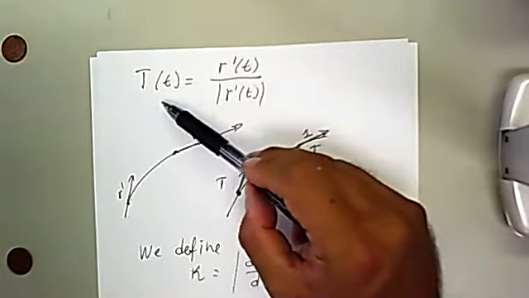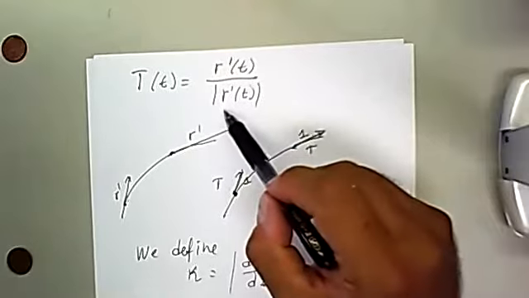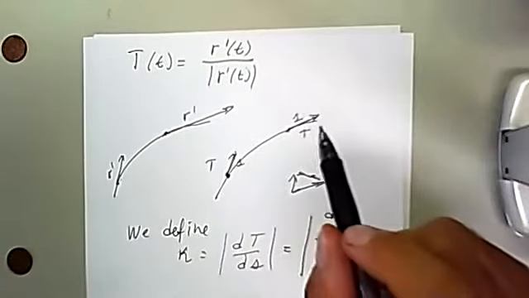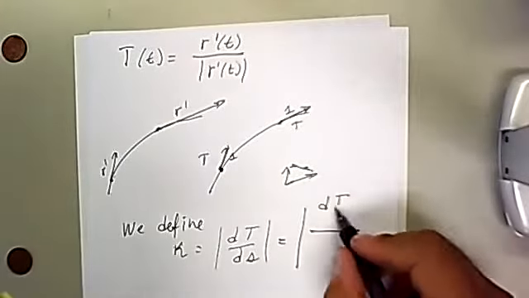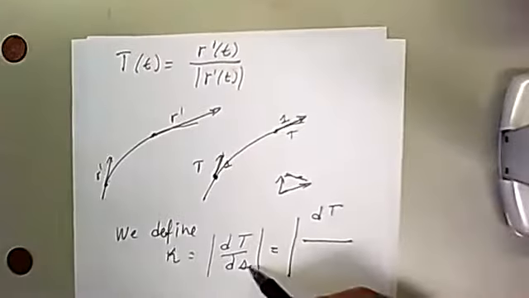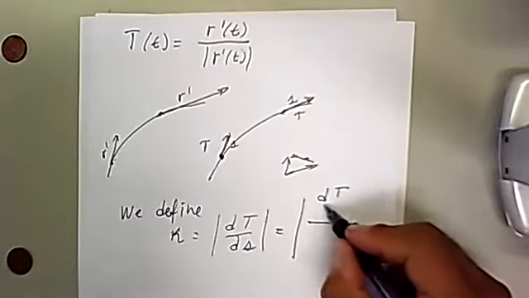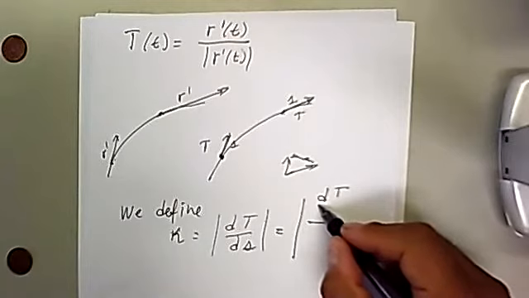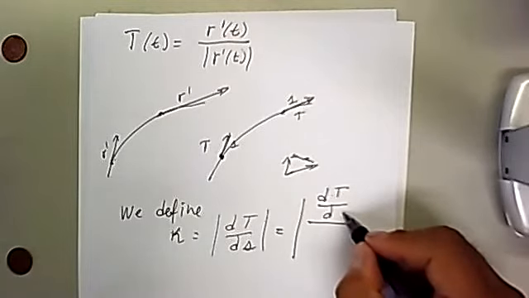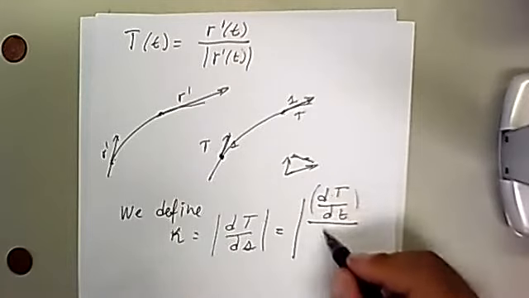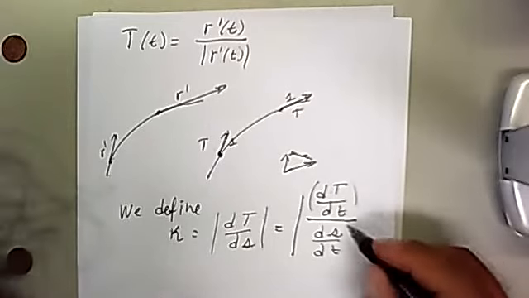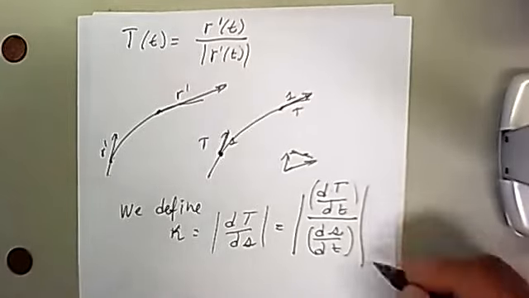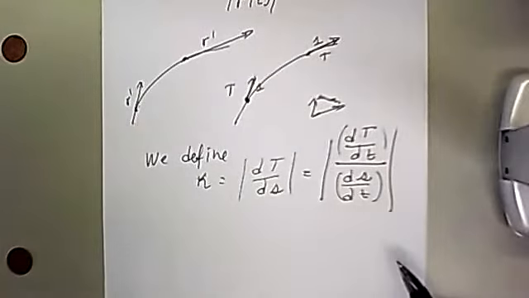We did not parameterize T. That is possible, but it would make it quite lengthy, unnecessarily more difficult than it has to be. So instead, we want to preserve the little t instead of changing into an s. That doesn't take too much because we have the chain rule. So we can find the derivative of T with respect to little t, find the derivative of s with respect to little t, and that will give the curvature.